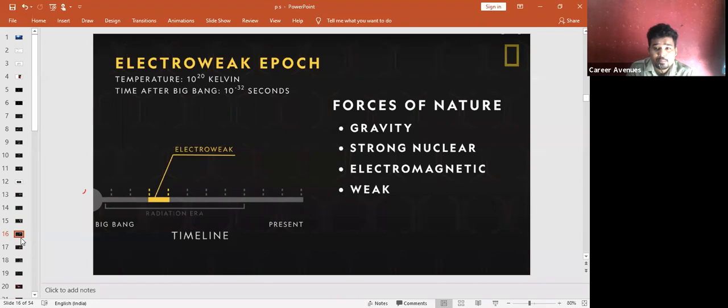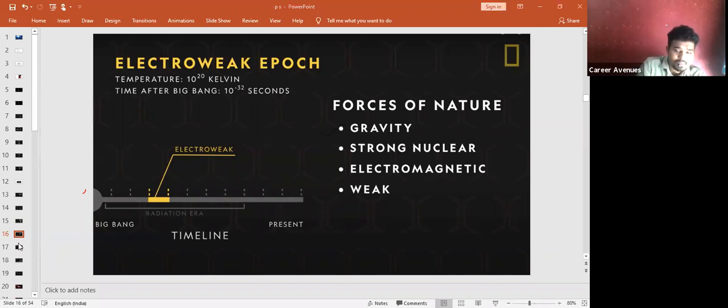So that's why we have electromagnetic force also, and there is a weak nuclear force also. Okay, so here the temperature is very much less, from 10 to the power 40 Kelvin, it's now 10 to the power 20 Kelvin only.